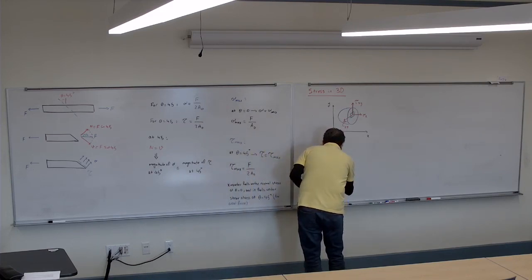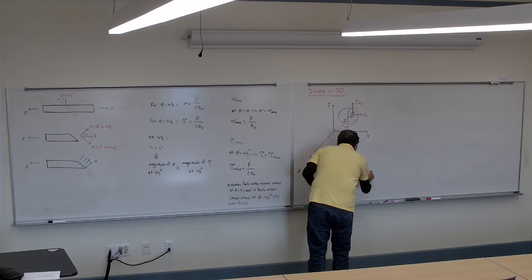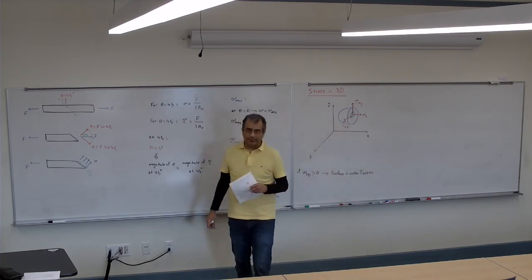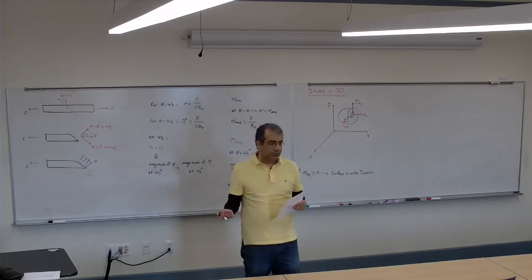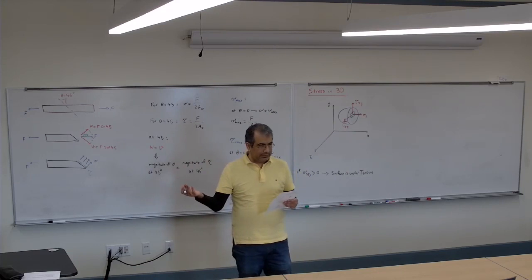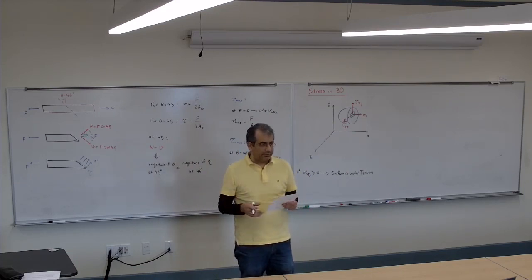It means the surface is under tension, like the 2D. So the positive sigma is tension, the negative is compression.